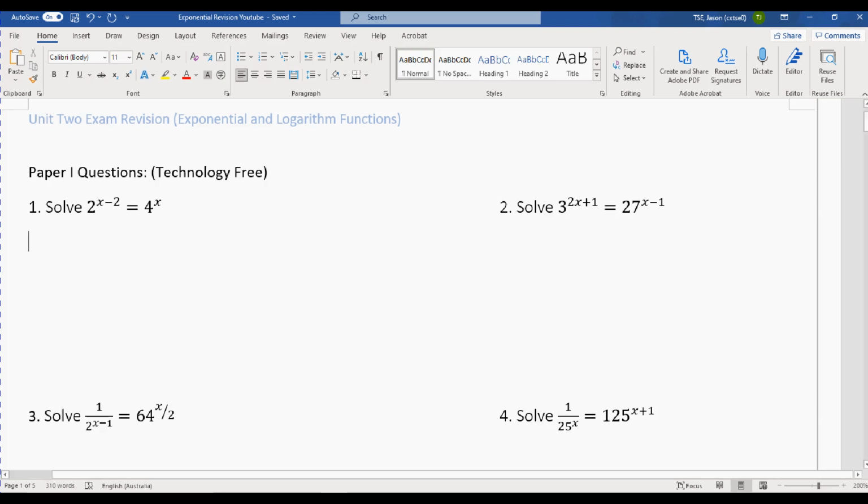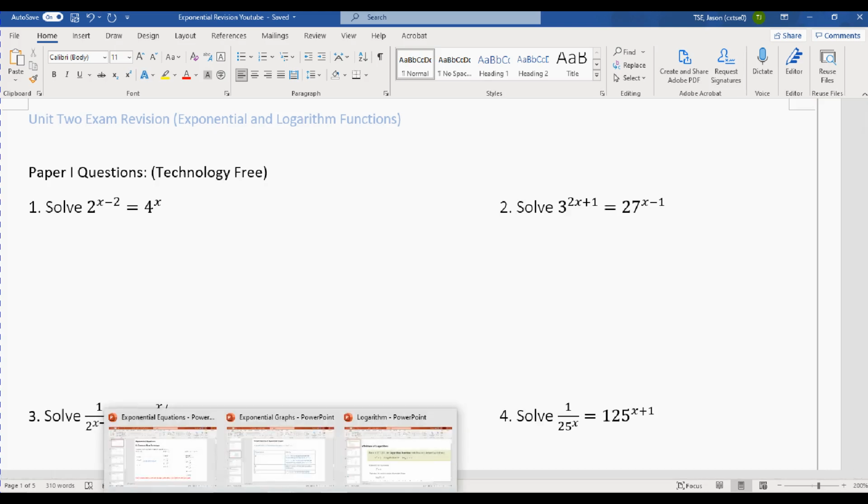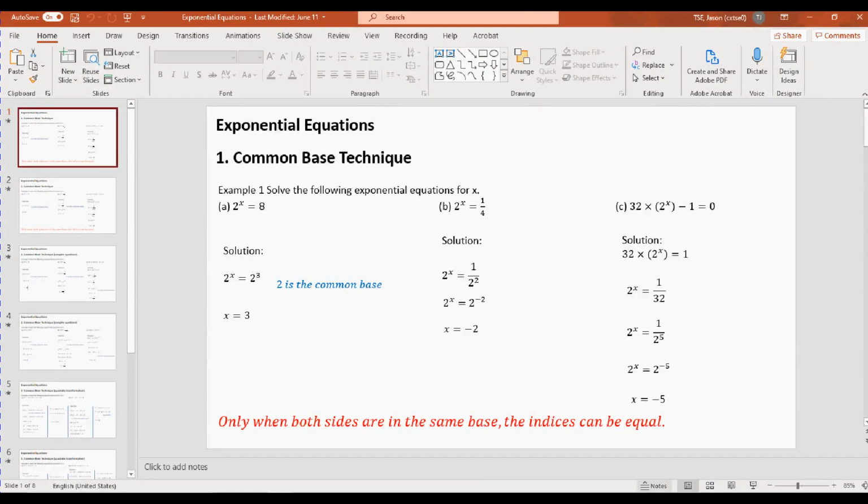Okay, so you see there are a few questions about solving exponential equations. If you want to look back at what we've learned, you can go back to the PowerPoint about the exponential equations.